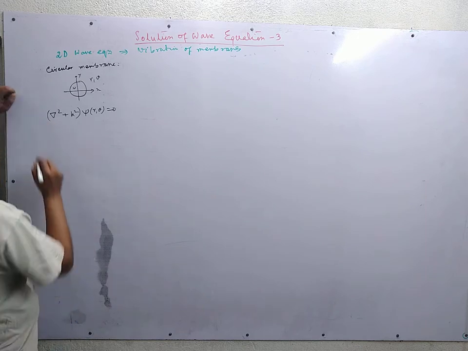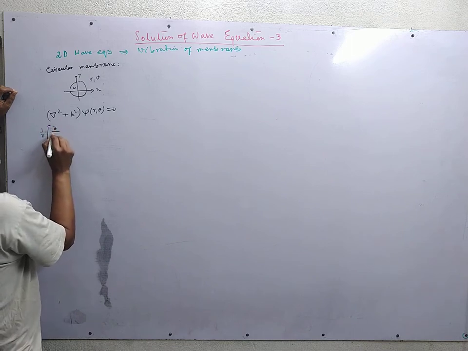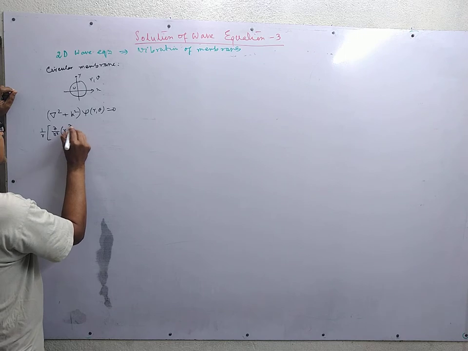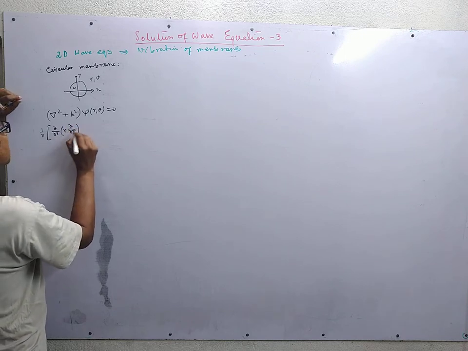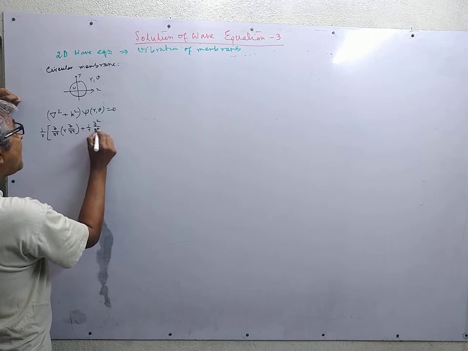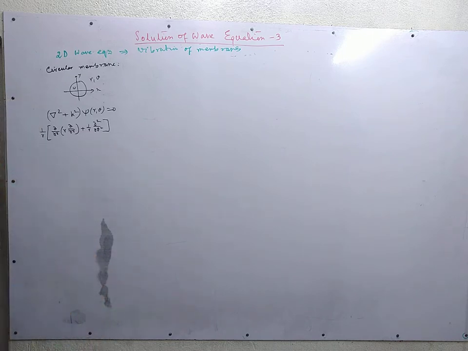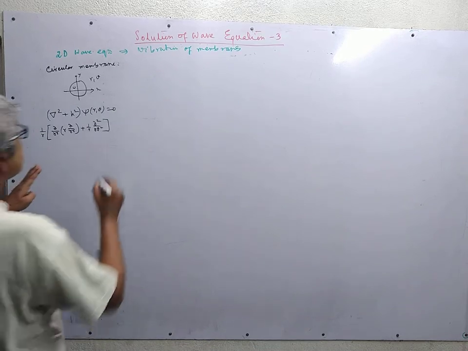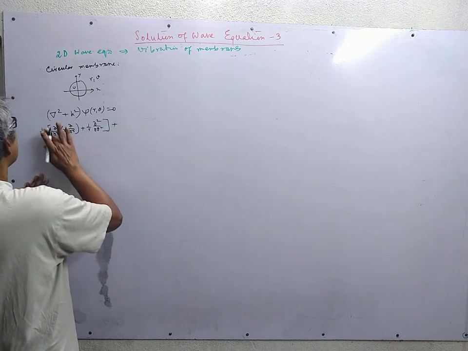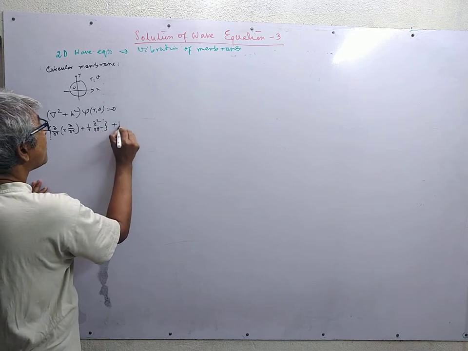Now this is 1 by r del del r of r del del r plus the remaining term, this is the Laplacian in polar coordinates, plus k square, we put it within the second bracket.